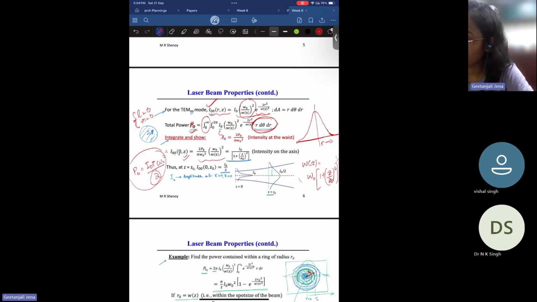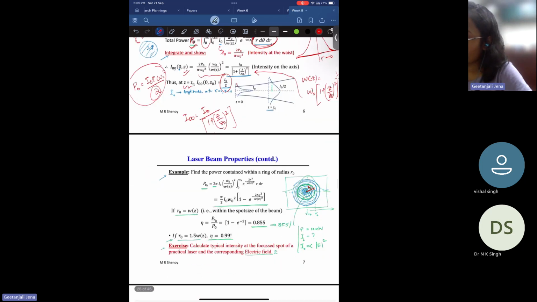If we put it in, we get a formula like this: I00 equals I0 divided by 1 plus (Z by Z0) square. Good. This shows how the intensity varies with Z. If you put Z equal to Z0, which is the Rayleigh range, then the intensity at Z equal to Z0 will be I0 by 2.